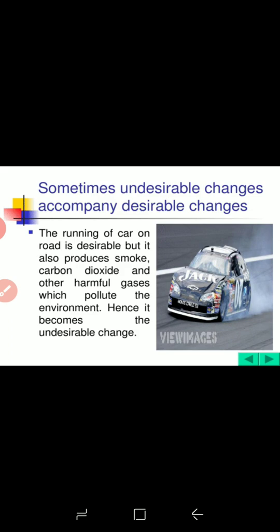Hence, it becomes an undesirable change. So, in short, undesirable changes are the unwanted changes, the changes you don't want to happen.